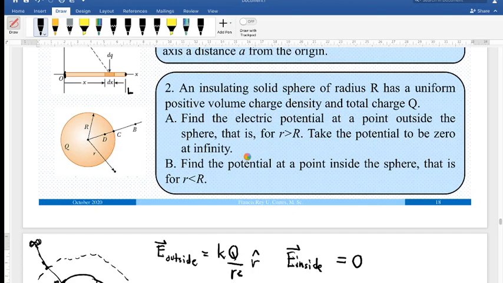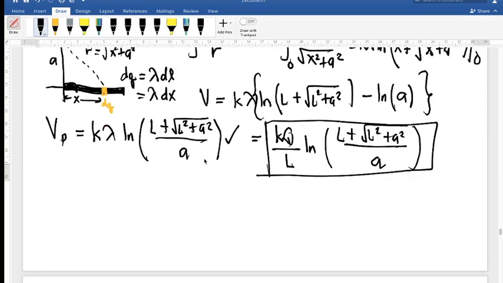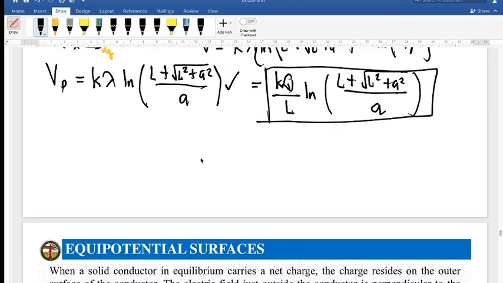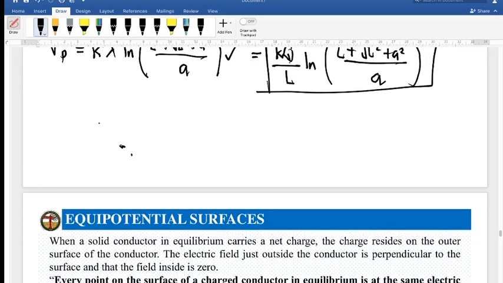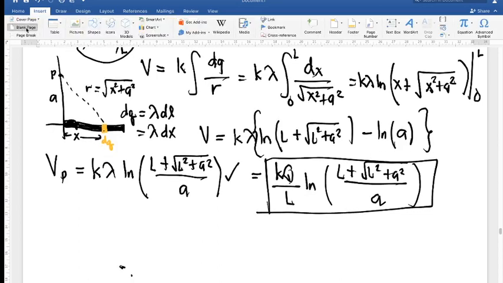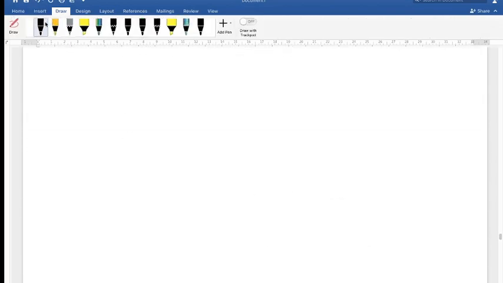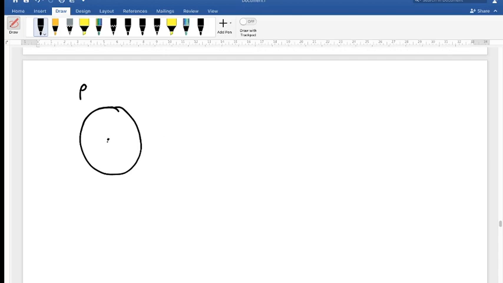Just like what we did, okay, I will insert a blank page so we can see it. We have a sphere with a uniform volume charge density, with radius r.